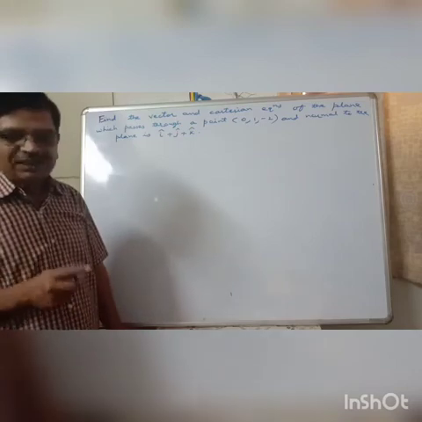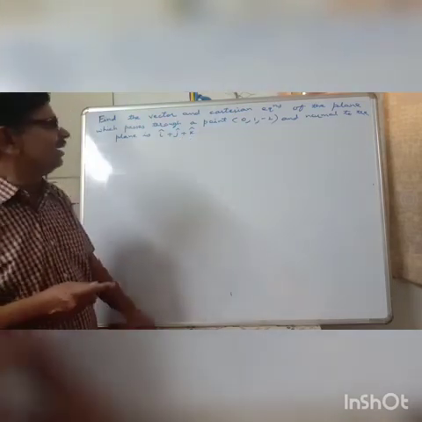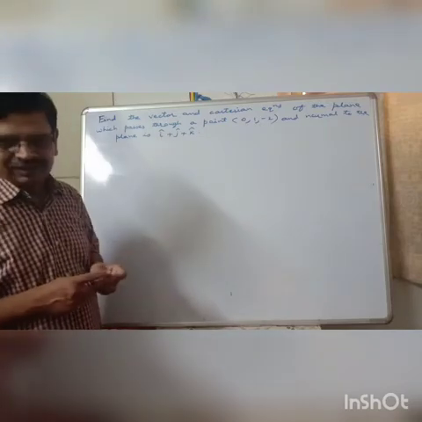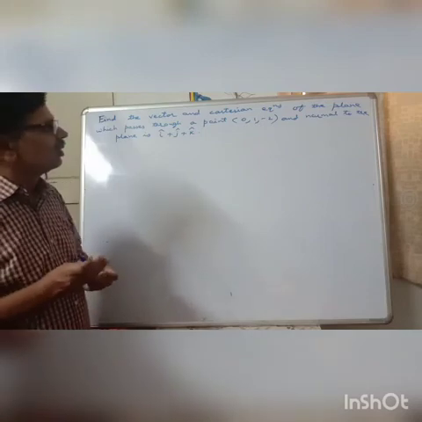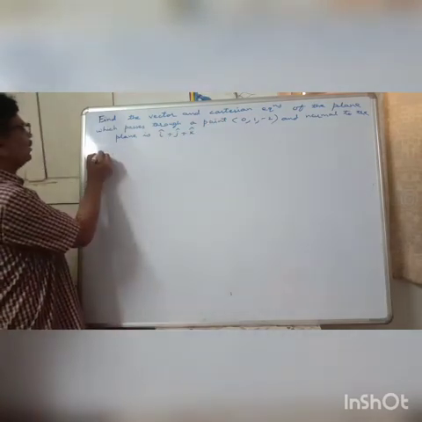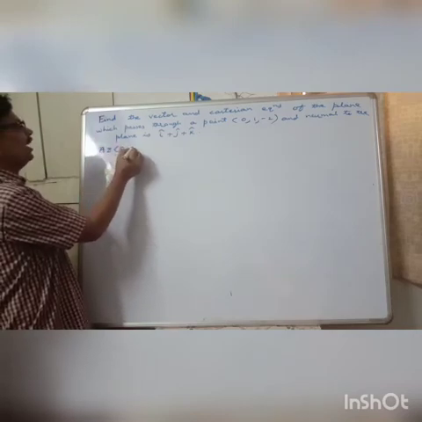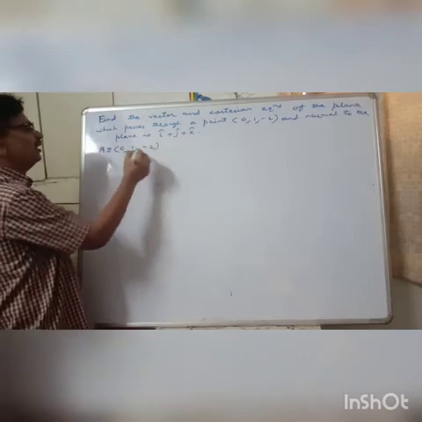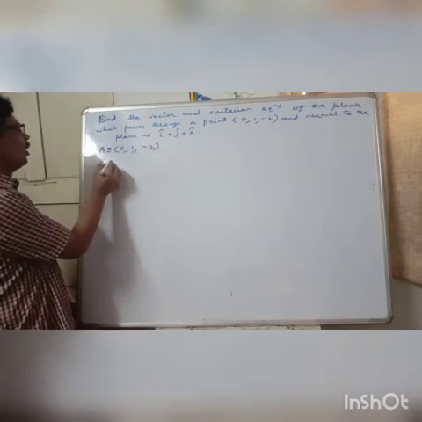For that we should know position vector of one point in the plane and vector normal to the plane. Here vector normal to the plane is given. We have to find position vector of given point. Suppose given point A, coordinates 0, 1, minus 2. Position vector of point A we shall denote by small a.